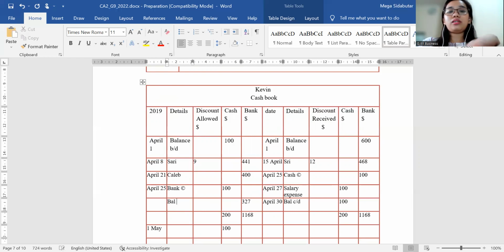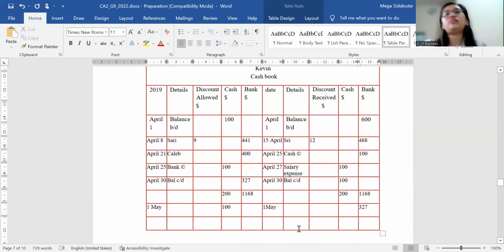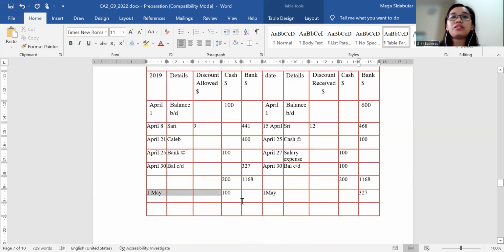The balance carried down will be on April 30, and on the 1st of May the bank side becomes 327. So this is the answer for that one.